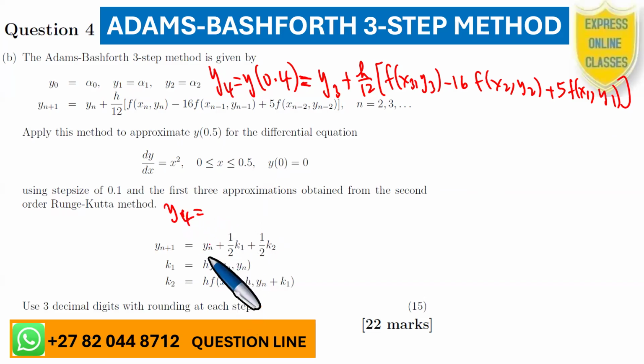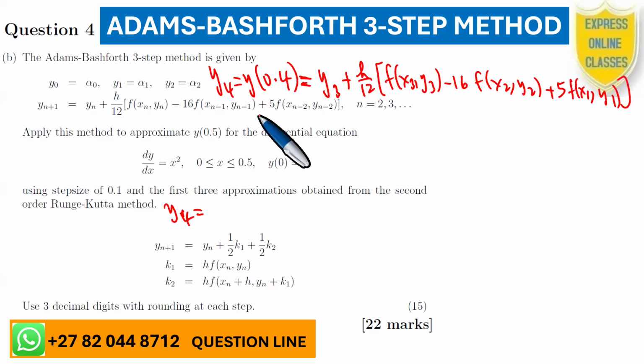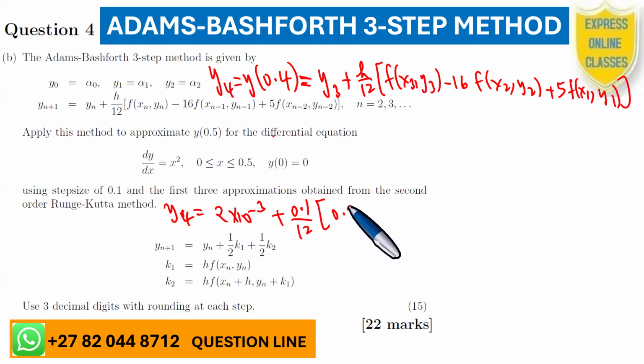So what is y3? Let us check y3. This is y at 0.3, which is y3, and y3 is 2 times 10 to the minus 3. So in other words, y3 is 2 times 10 to the minus 3. h is 0.1, you divide by 12. x3 is 0.3, you square it.